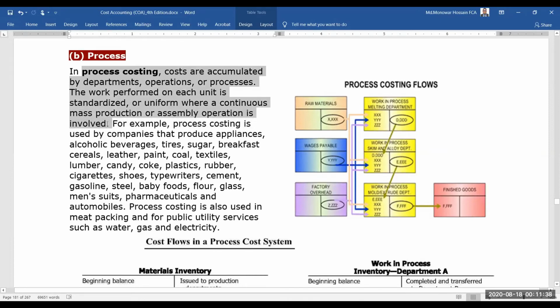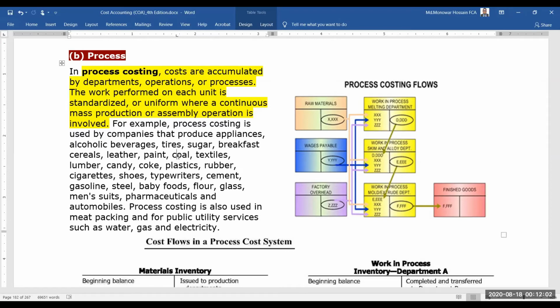And in the same way, if we see process costing, I will discuss process costing later on in another module. That would be the last chapter of this syllabus. So in process costing, costs are accumulated by departments, operations, or processes.